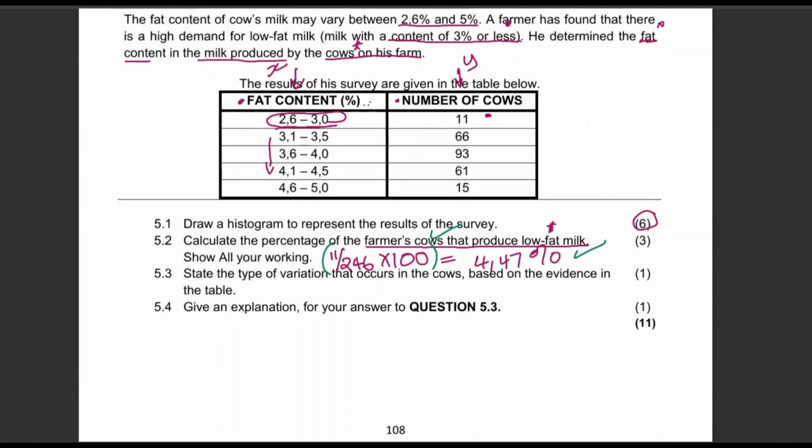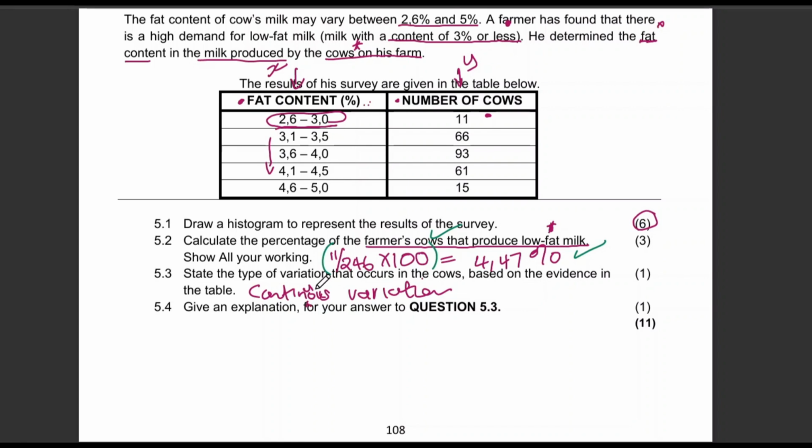State the type of variation that occurs in the cows based on the evidence in the table. We're seeing a range here. So there is a range, so that will obviously be continuous variation. Okay, now for 1 mark, give a reason for your answer.